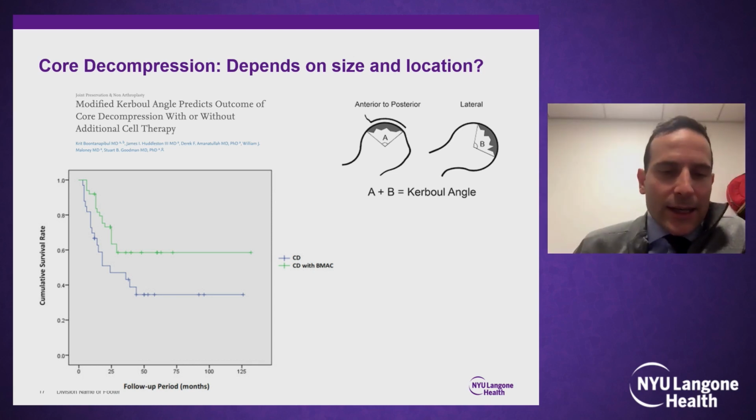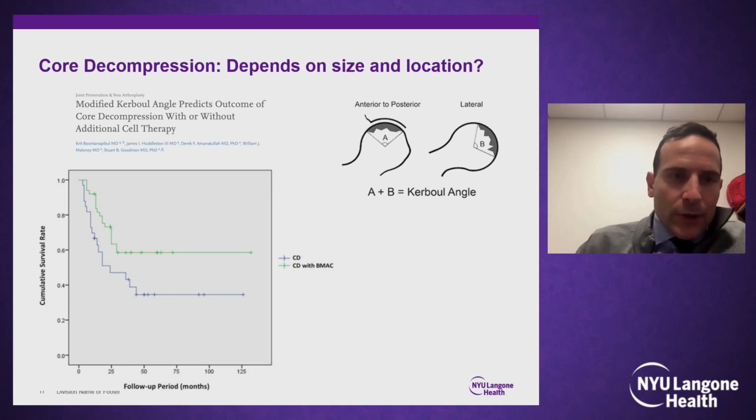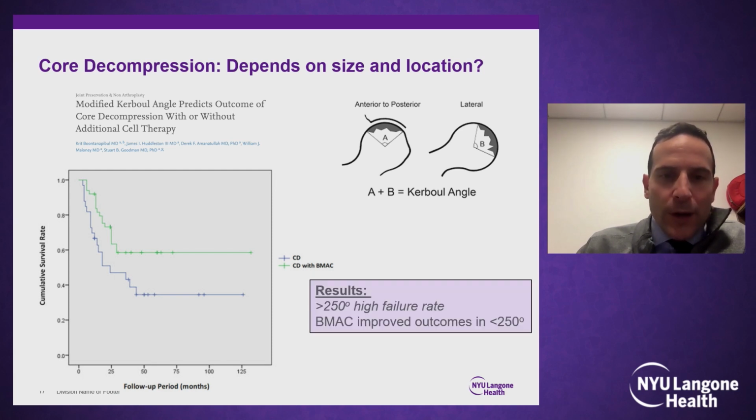there's more than meets the eye, and like they say, the devil's in the details. It turns out that this Kabul angle may matter, and here's a study out of Bill Maloney's group. Basically what they looked at is, if you had different Kabul angles, which of these hips did better with core decompression with or without bone marrow aspirate. And what they found was that it did matter.